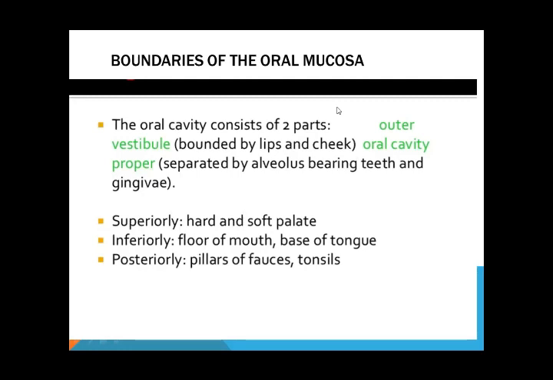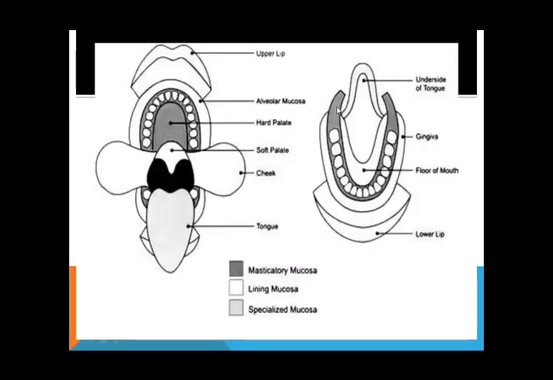Superiorly are the hard and soft palate, inferiorly the floor of mouth and base of the tongue, and posteriorly the pillars of fauces and tonsils. This is the underside of the tongue. This is the gingiva, floor of mouth, and lower lip.